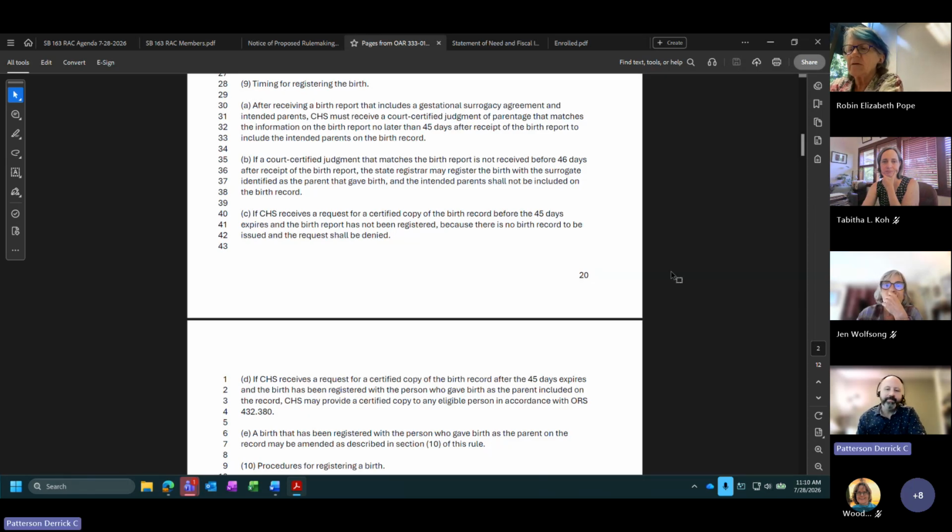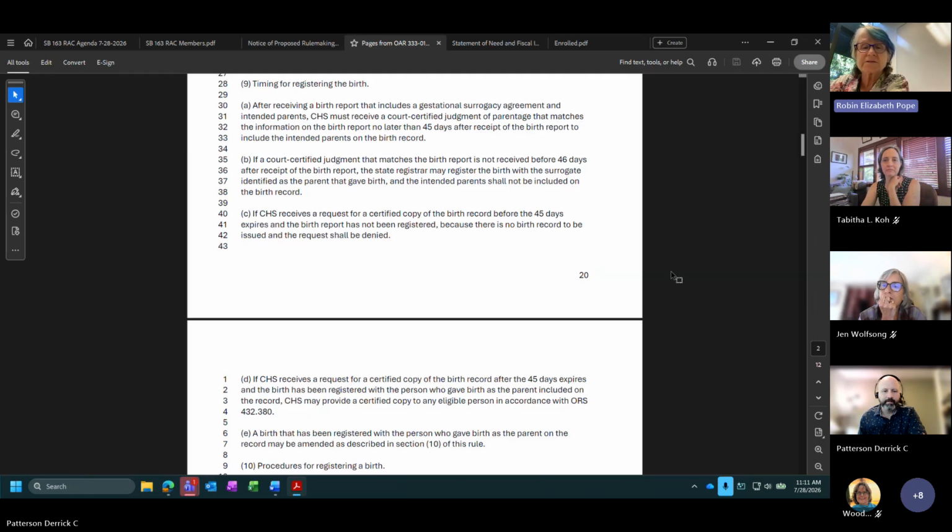So just following up on Jen and Jennifer and Tabitha, I think it is a missing piece in the statute, but perhaps just providing a copy of the gestational surrogacy agreement that's fully signed by all the parties would do it. But oftentimes we don't have wet signatures on those agreements.